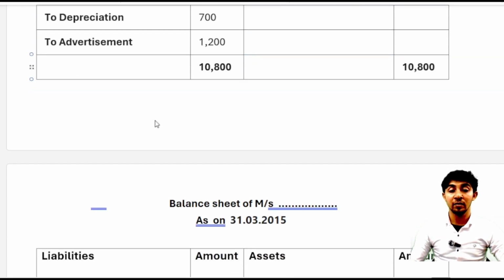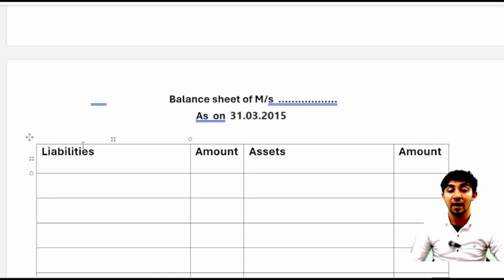So directly we'll go to the balance sheet liability side and the first item of liability will be capital.